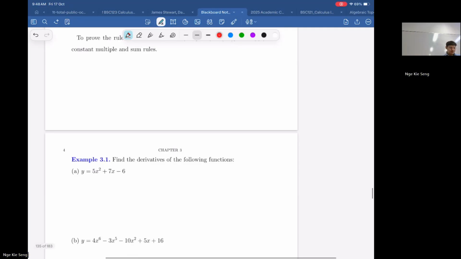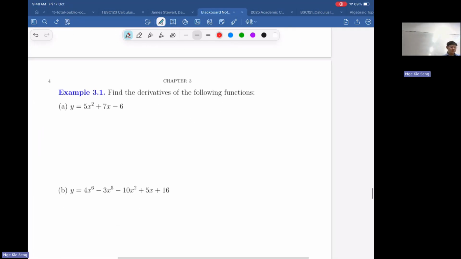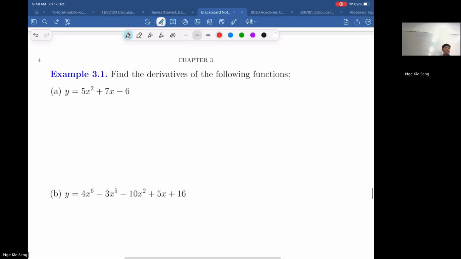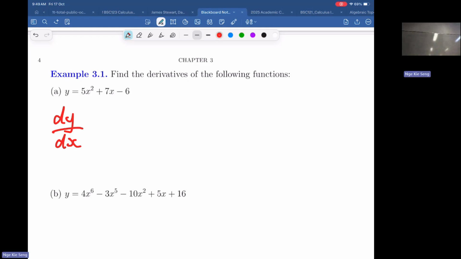Okay, so let's try two examples and then we can finish for this hour. Let's try one. So you can see that by part A, here is a sum of what? A sum of differentiable functions.